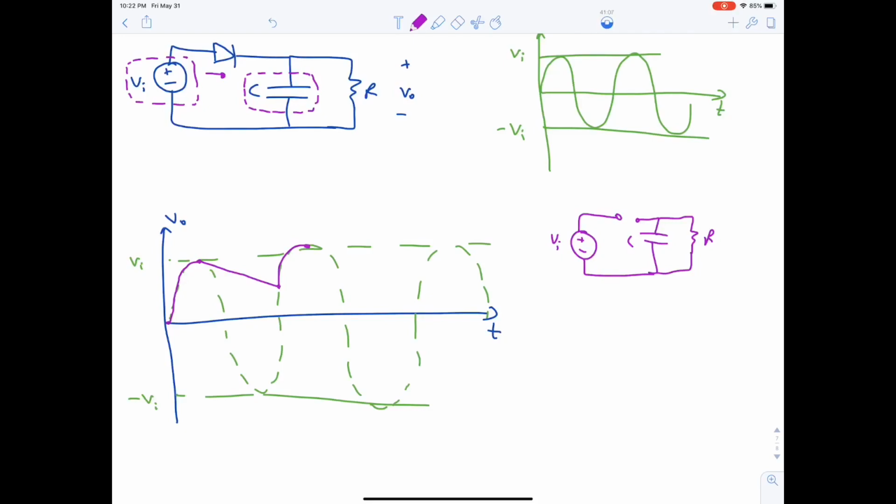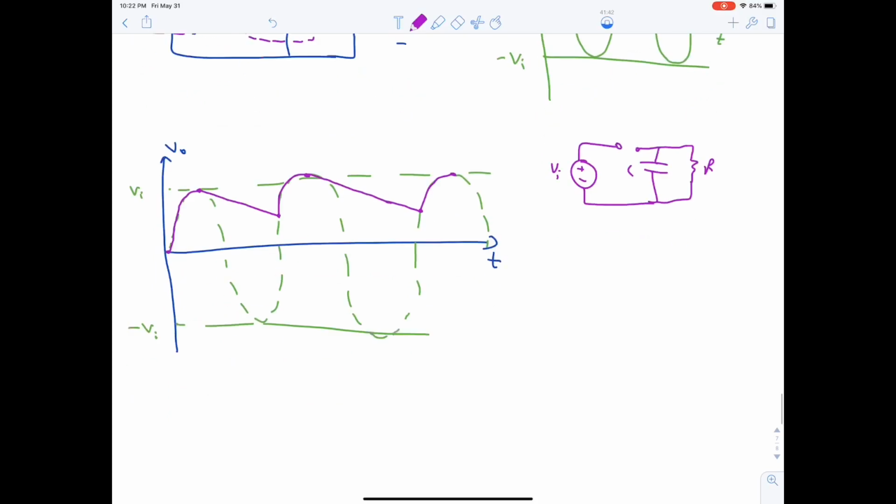When the diode is off, then the resistance will be consuming energy of the capacitor, hence the voltage across the capacitor will decrease. Once VI becomes higher than the voltage across the capacitor, the diode is on and they reconnect, capacitor charges again. Okay? So this is how the behavior of the circuit will be.